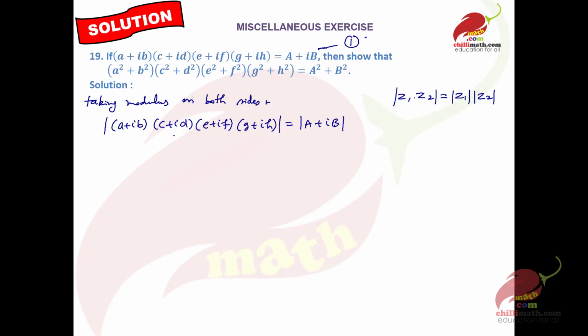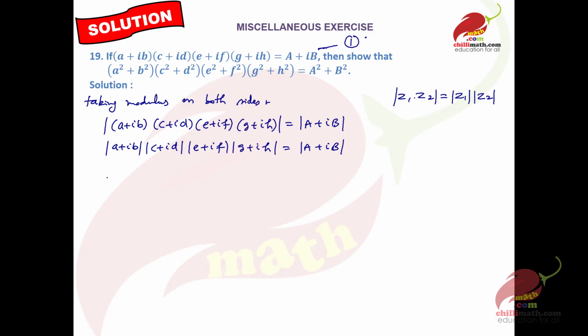Now modulus of this product of complex numbers can be written as product of these moduli, modulus of a plus iota b into modulus of c plus iota d into modulus of e plus iota f into modulus of g plus iota h is equal to modulus of a plus iota b.